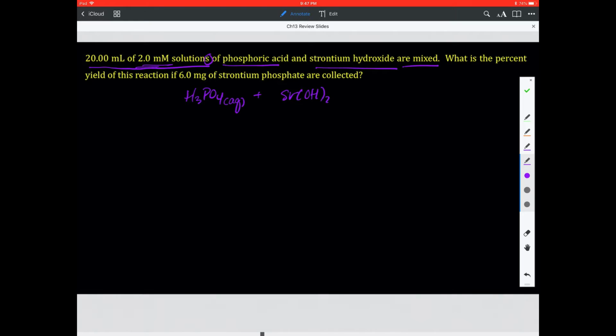Strontium hydroxide, also aqueous. I don't know why I didn't start it further over, which is then going to give us a double displacement neutralization. Solid, courtesy of solubility rules, H2O, and then we would go ahead and balance.